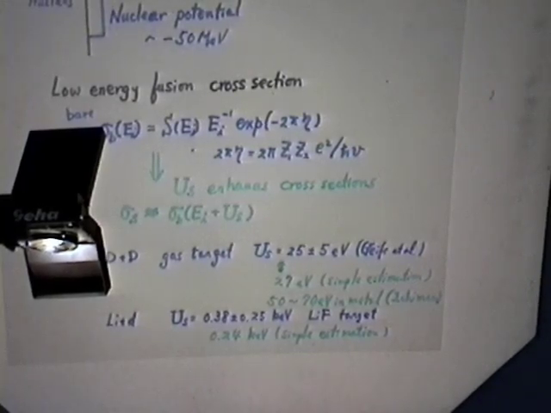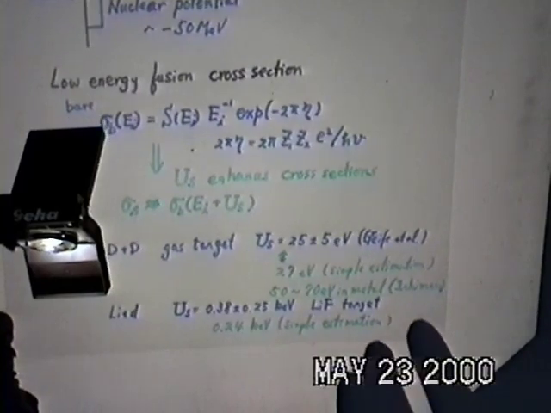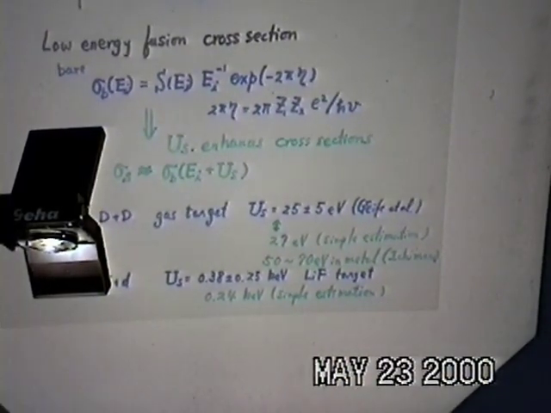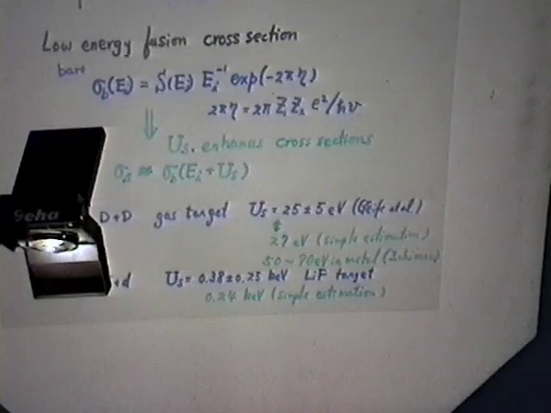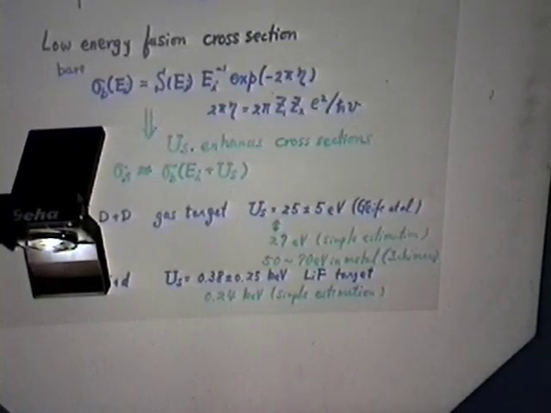And so far, we know for the gas phase, for example, the D plus D reaction with a gas target, there's an experimentally deduced value for the screening energy of around 25 plus or minus 5 electron volts. And this is almost the same value as a simple estimation, which gives us just 27 electron volts.